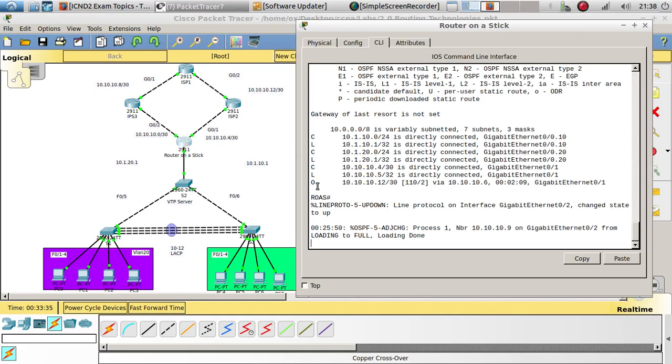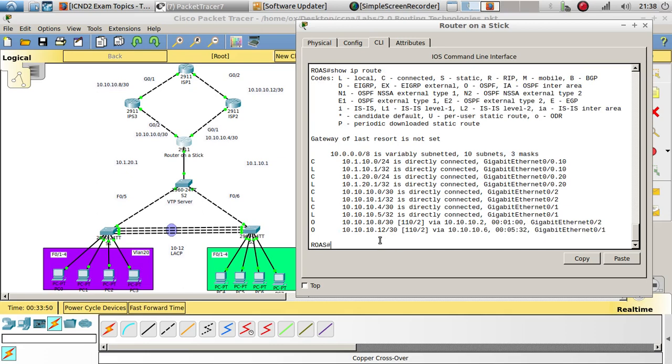And now from this router, remember the last time we tried to see these show IP route, we got this network, now we should have another network which is 10.10.10.8. Show IP route, and here it is. We have the other network 10.10.10.8 and 10.10.10.12, and this one is via gigabit 02, which is this one over here.